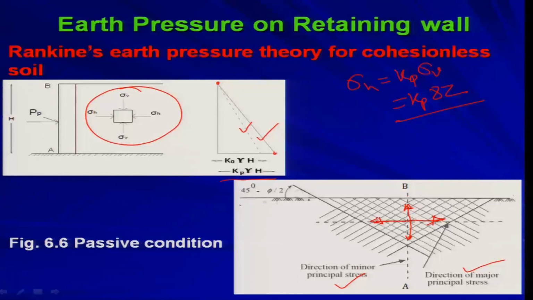Okay. And if you plot, that means now your sigma 1 is acting horizontally and sigma 3 is acting vertically. So, in this condition, if you try to plot in the Mohr cycle, you will be getting the shear lines which will be making an angle 45 minus phi by 2 with the plane on which sigma 3 is acting.